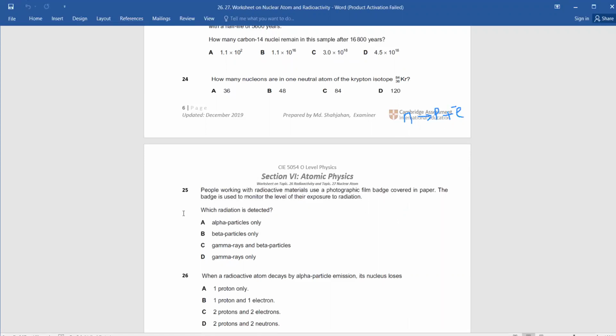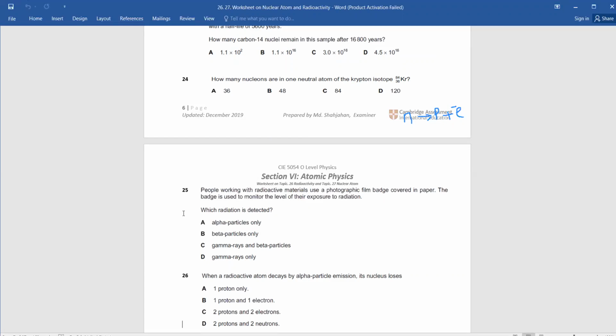If it is paper, then which radiation is detected? Alpha particles. Only alpha particles, because beta and gamma you cannot detect with paper.